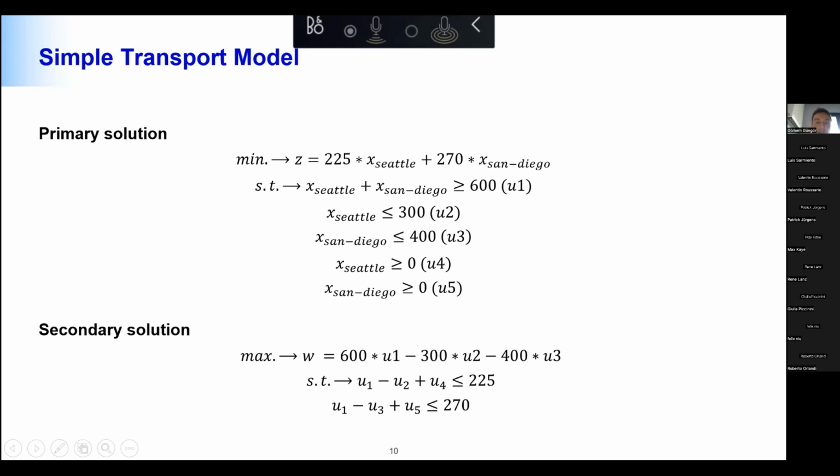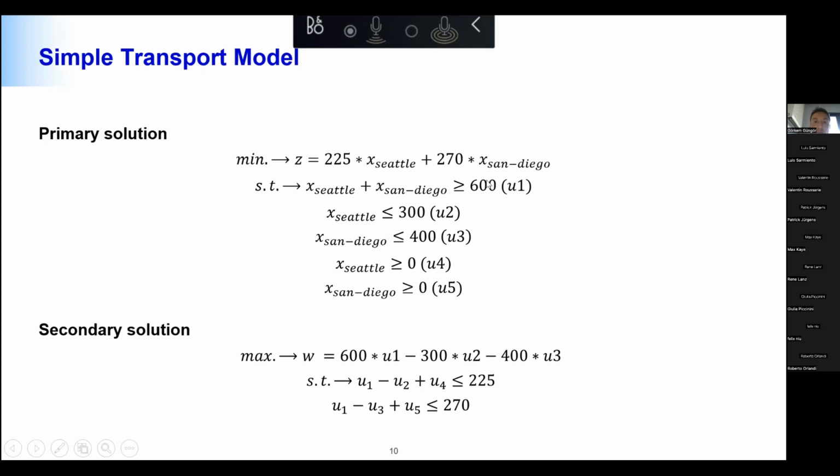We also have the constraints for production. From Seattle, we have a constraint of maximum 300 canister production. And from San Diego, we have a constraint of maximum 400 canister production. And finally, our transport activities have to take values greater or equal to 0.